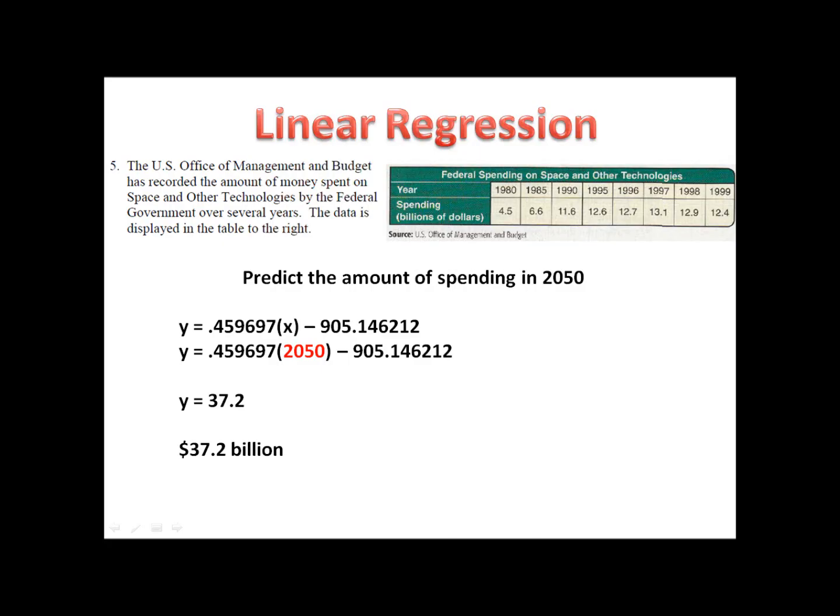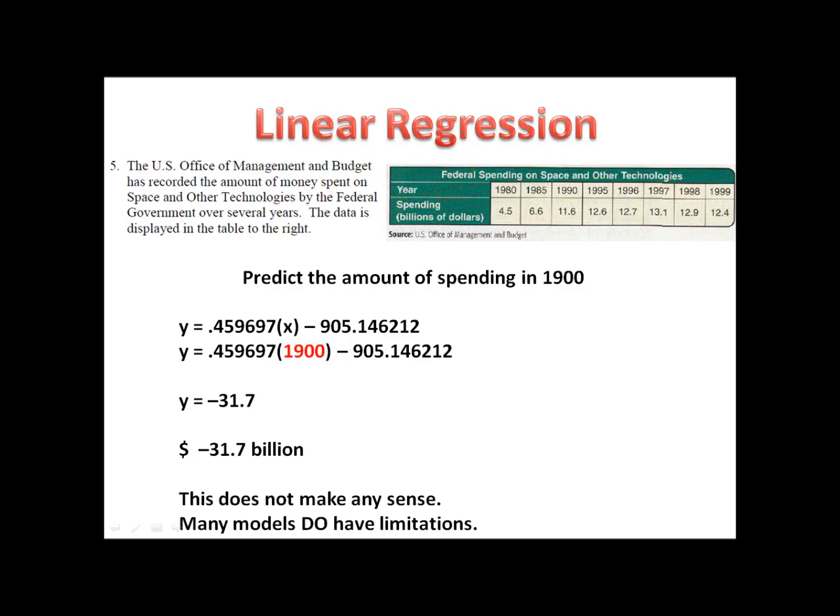Sometimes our models have limitations. Take a look at this. We're going to predict the amount of spending in the year 1900. We plug 1900 into the equation and we get negative $31.7 billion. Clearly, no one gave us $31 billion in the year 1900 for not developing any space program.